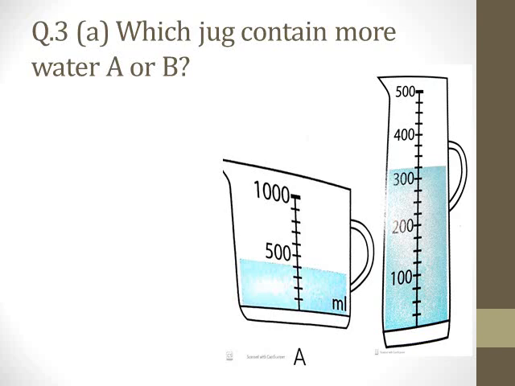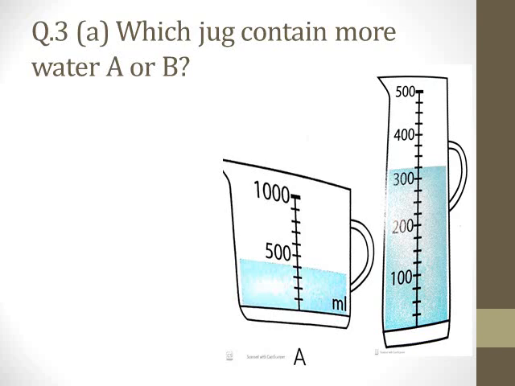You can check: the bottom one is 100, the second 200, the third 300, the fourth 400, and the fifth one is 500. Then 600, the seventh 700, the eighth 800, the ninth 900, and on the 10th you will find 1000. So yes, we are correct. One interval is equal to 100 ml.